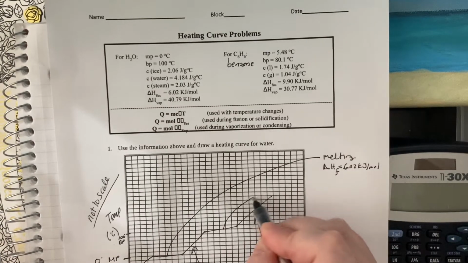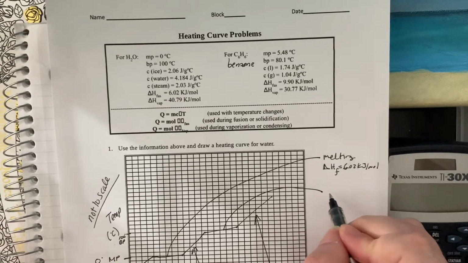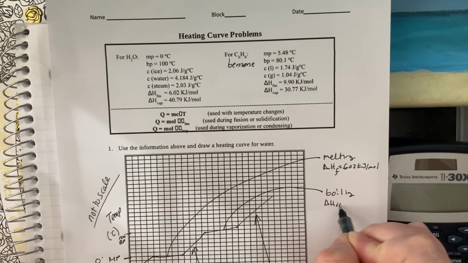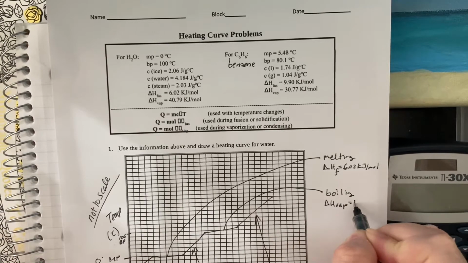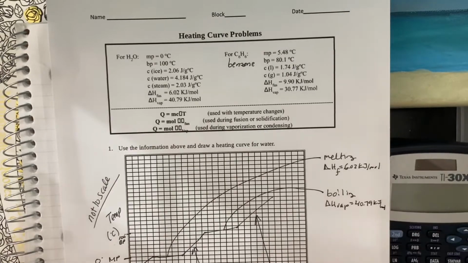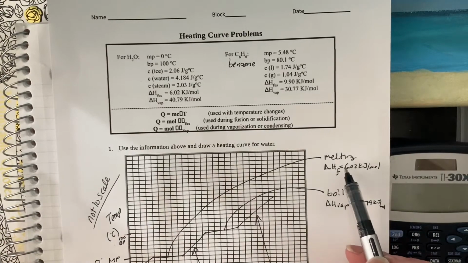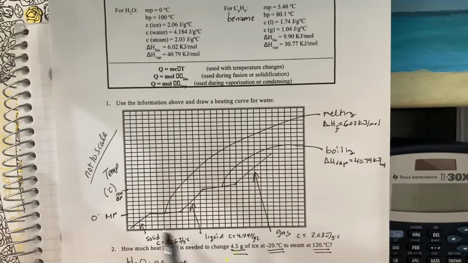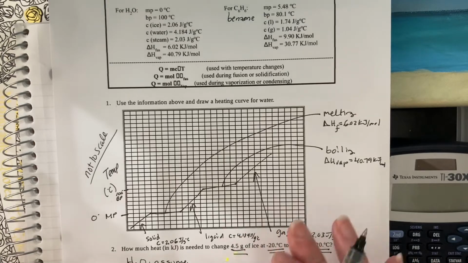Our second flat segment is here, and that is when it is boiling. We're going to use the delta H of vaporization, which is 40.79 kilojoules per mole. Every single time, write your enthalpies for your flat ones and write your specific heats for your diagonal ones so you don't mix up what to use where.